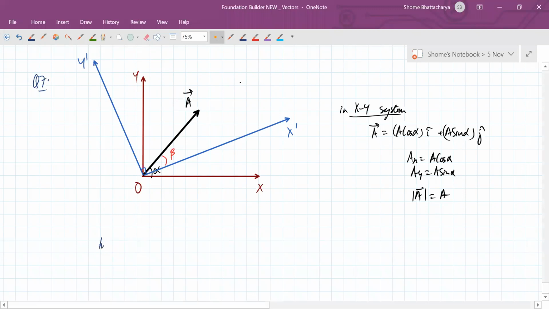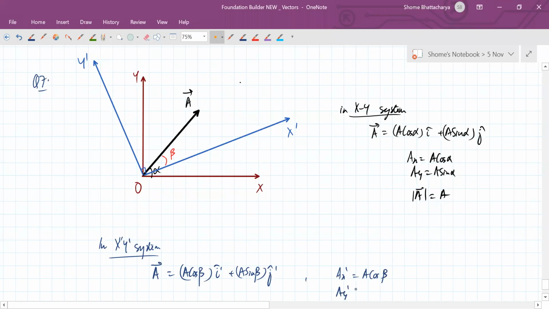So in the x prime y prime system, what will happen is that the same vector A will now be called A cos beta i cap prime because it's along the x prime axis, plus A sin beta j cap prime. So in this system, the components are going to be like this.